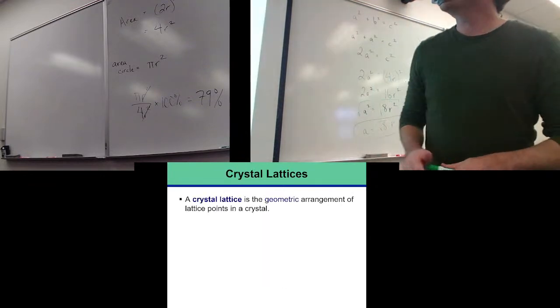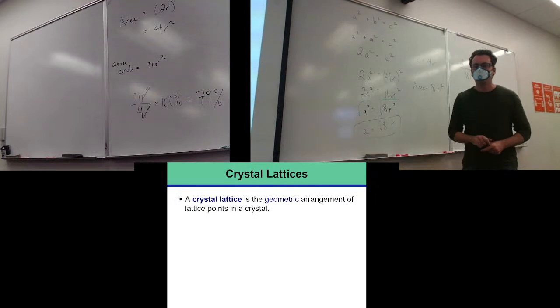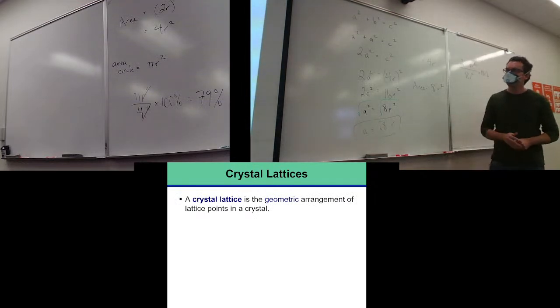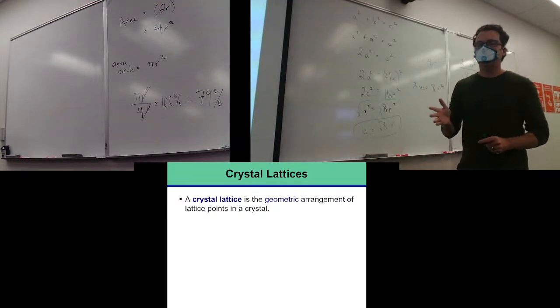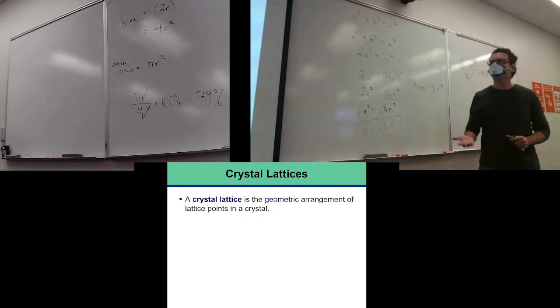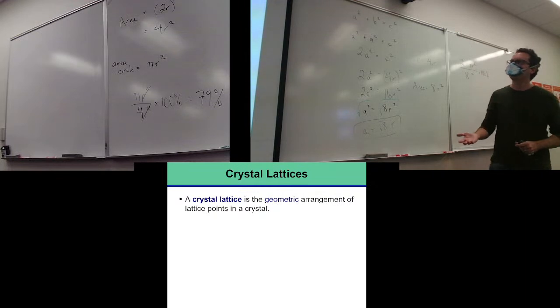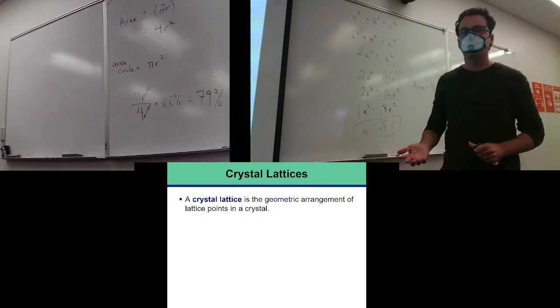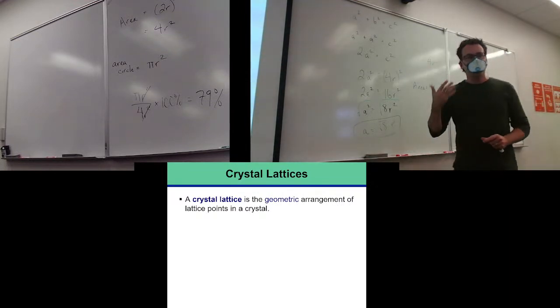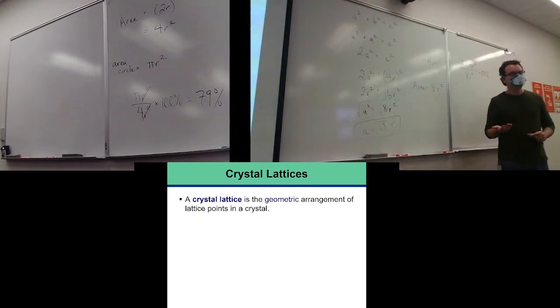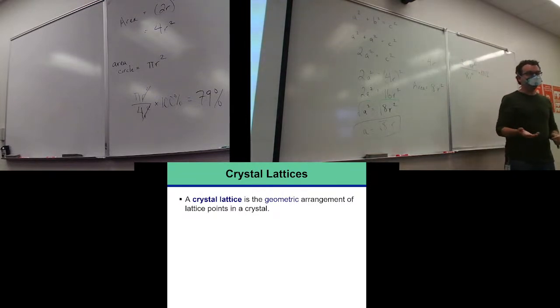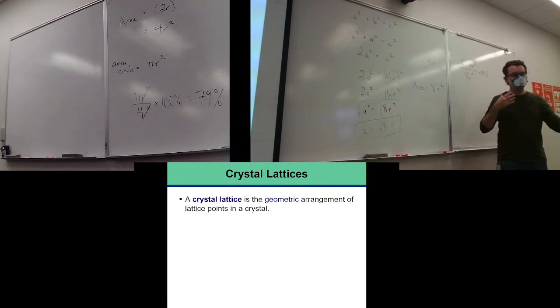So we're going to focus on crystal lattices, or crystals, crystalline materials, and we're going to use unit cells to describe the crystal lattice. So what is the crystal lattice? This is the geometric arrangement of lattice points in a crystal. We're going to use the words lattice points instead of the word atoms, even though a lot of the time you can replace the words lattice points with atoms.